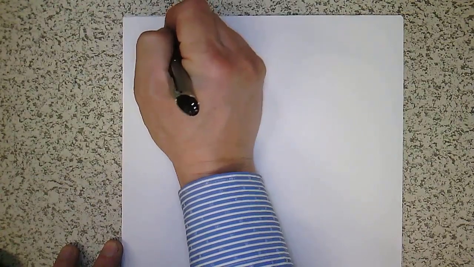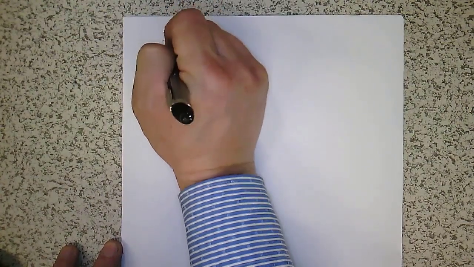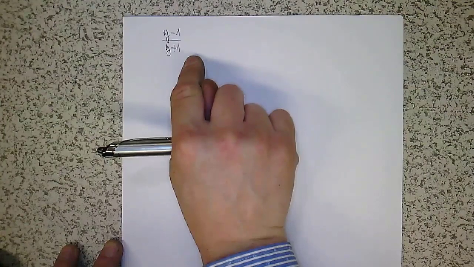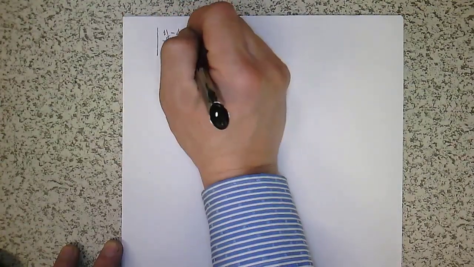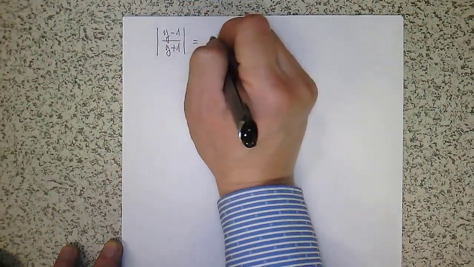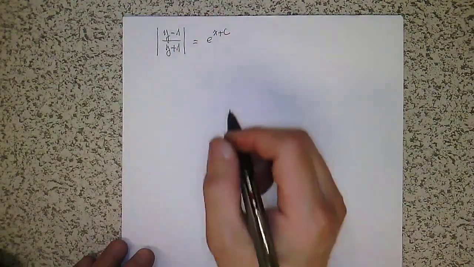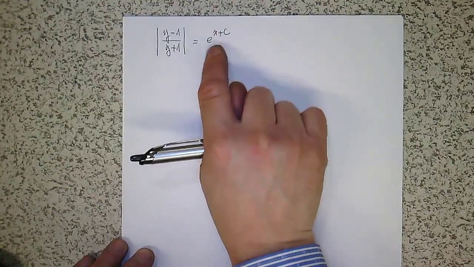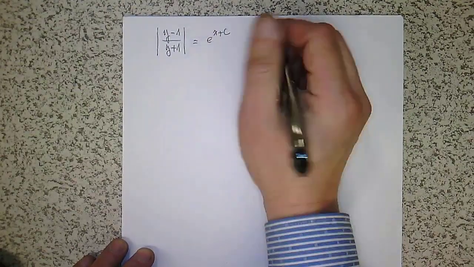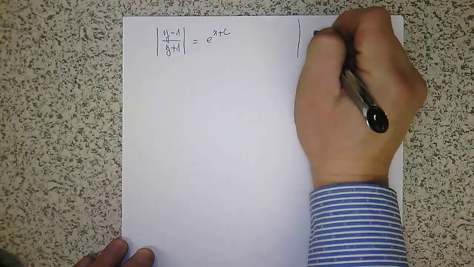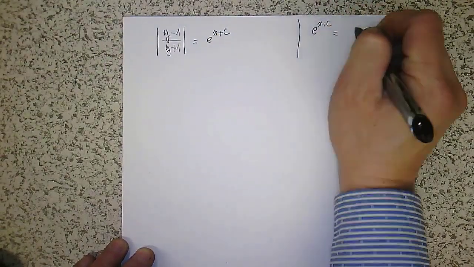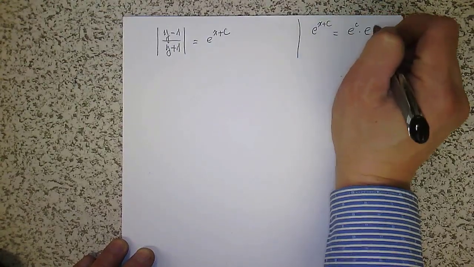Now on my document camera, allow me to bring in some algebraic details. We're currently at y minus 1 over y plus 1 in absolute value, and all of that equals e to the x plus c. From algebra, we know that e to the x plus c can be thought of as e to the c times e to the x.